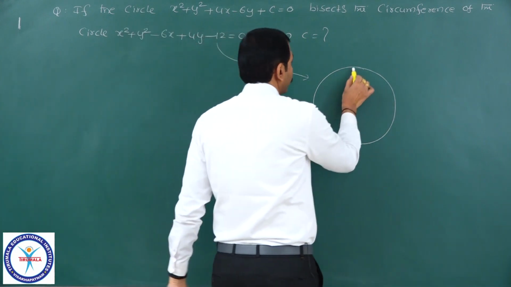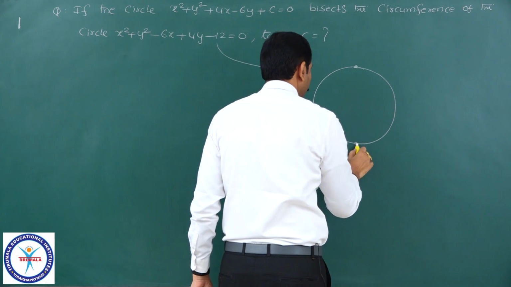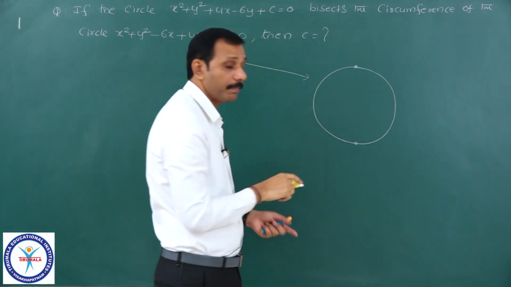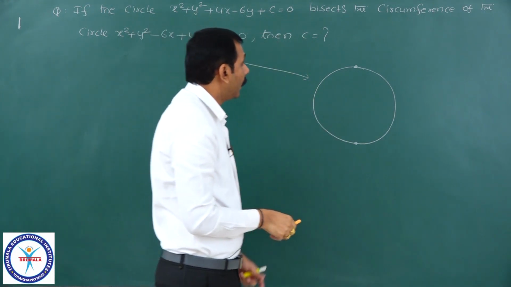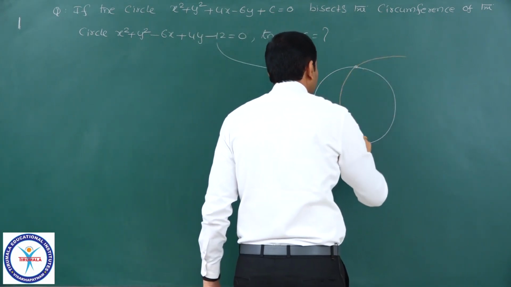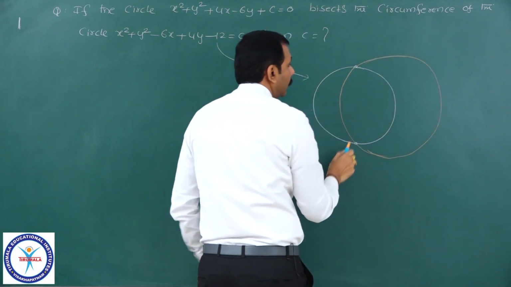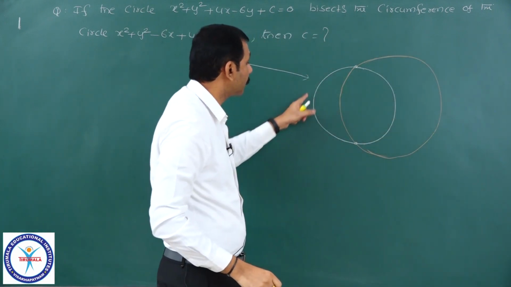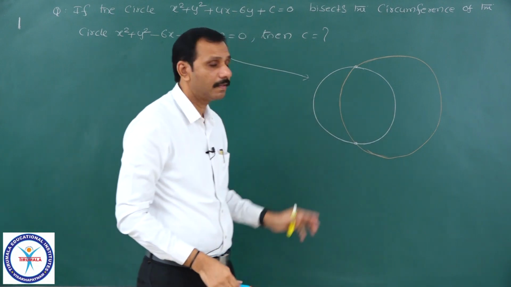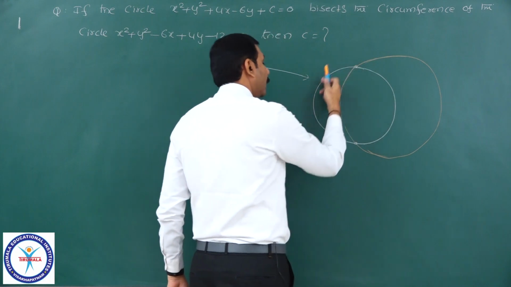What is the meaning here? You see, if I take these 2 points and join them, I will get a diameter. Now any circle intersecting this circle at these 2 points, I can say this circle bisects the circumference of this circle. Total it is a circumference, here it is half and here it is half.